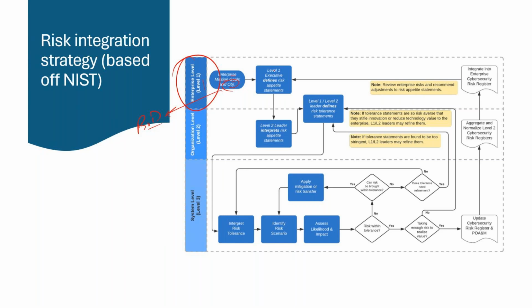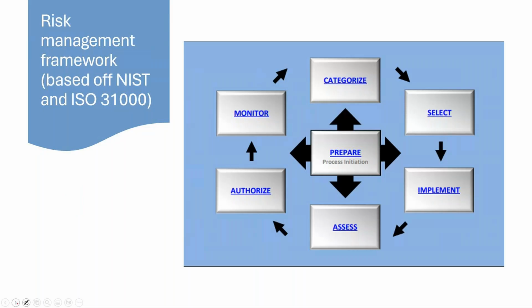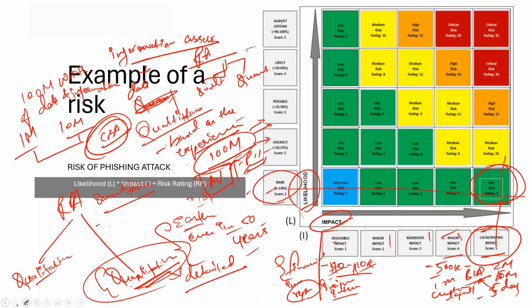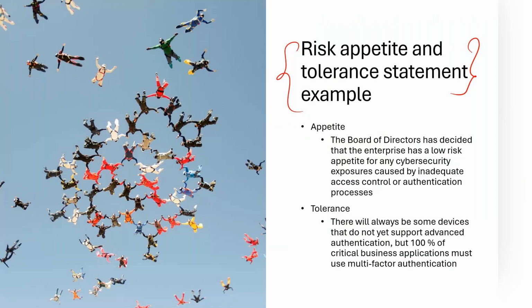From a level 1 perspective, the executives would also be defining the risk appetite statements. They would say this is the risk appetite statement, and this is my risk tolerance statement, and I've got an example here. So this is a typical risk appetite and risk tolerance statement.